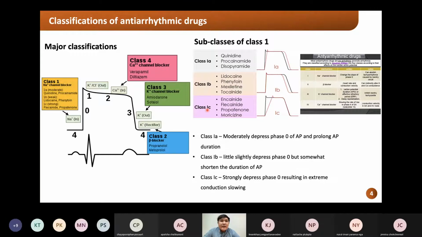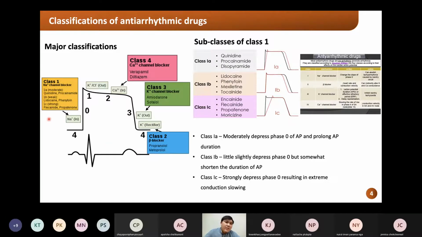And when we talk about anti-arrhythmic drugs, they are generally classified into four major classes, as you can see here in the pictures on the right. The classification depends on the action of the drugs on the ion channels of the cell membrane.